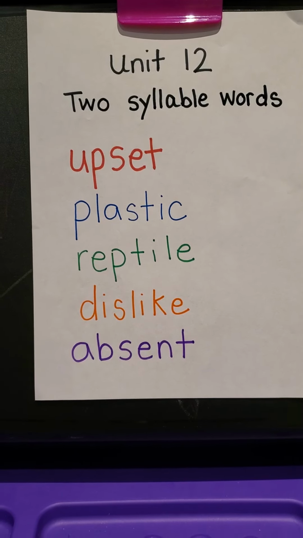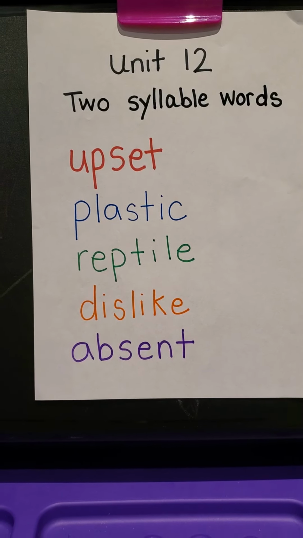Then the next one, again in the beginning, I see a vowel in between two consonants, so it's probably short. D, I, S, dis. And then the next part, you might recognize that word right away anyway, but if you didn't, you can think, well, I see an E at the end, so it's probably a long vowel sound. L, I, k, like, dislike.